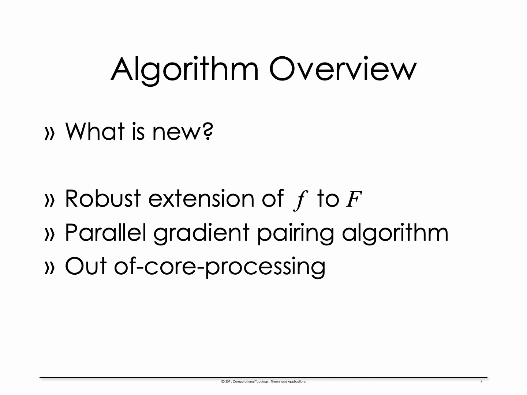A second nice property of the algorithm is that it is parallelizable, and further, the algorithm is also amenable to out-of-core computation, where the entire data may not reside in memory.